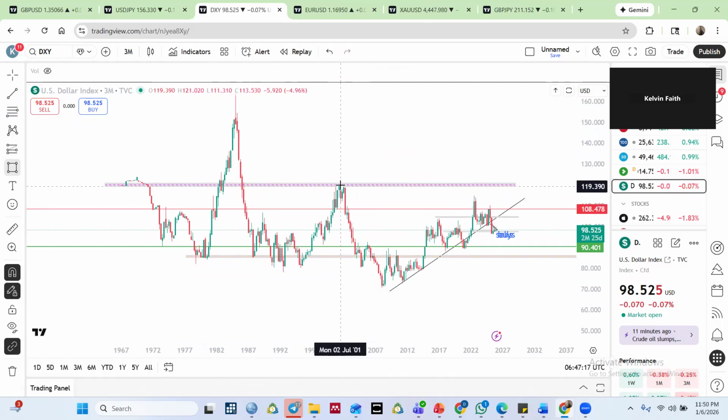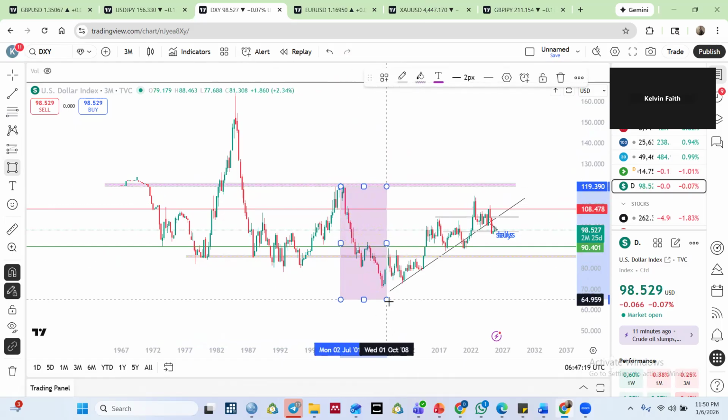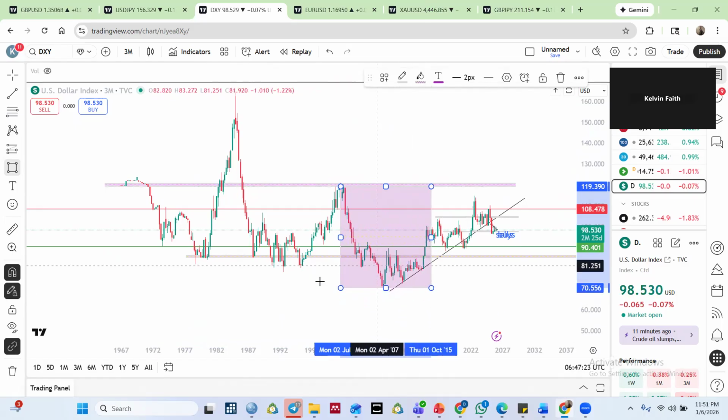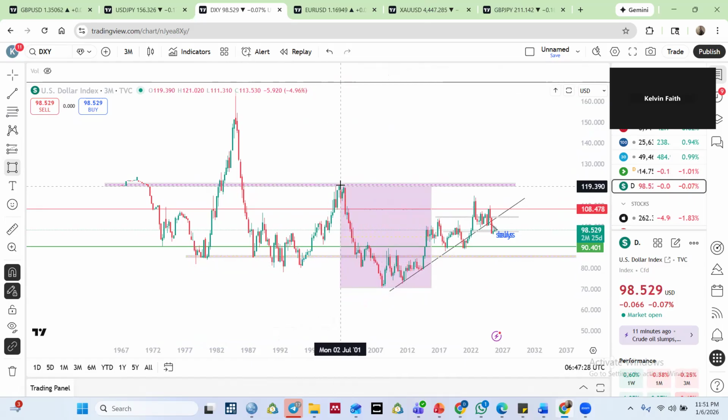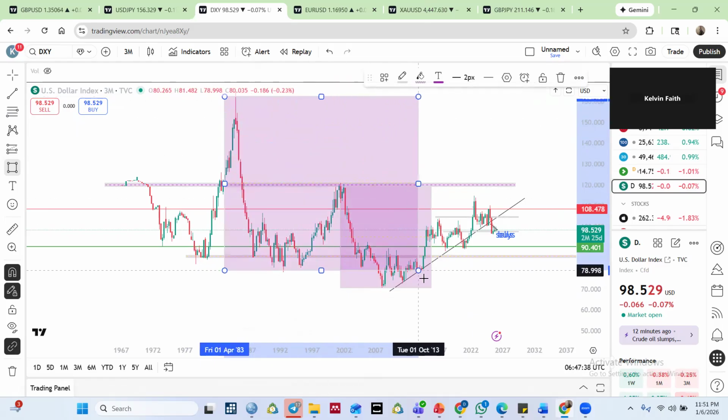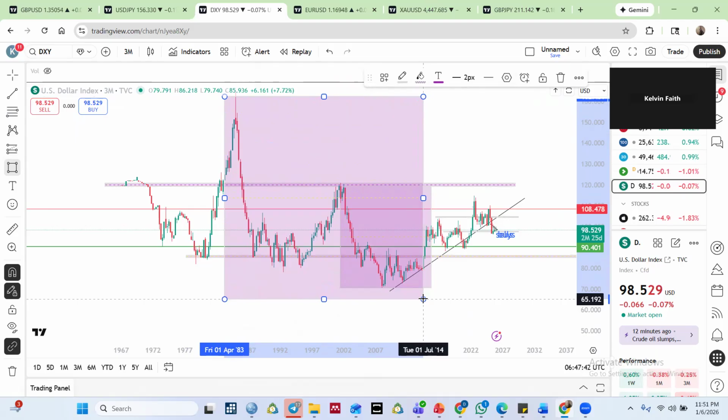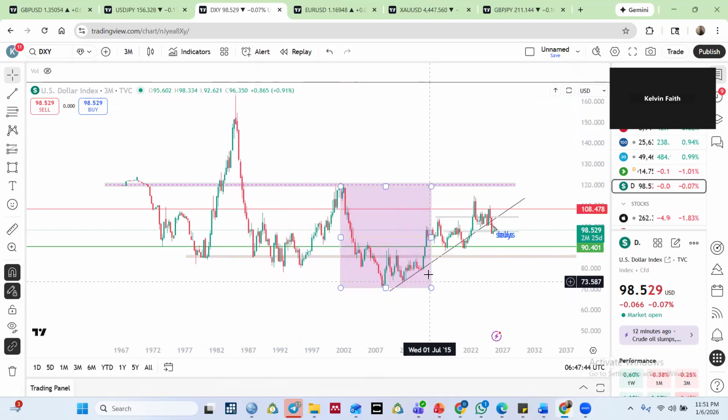And from this area, we had a swing that breaks structure and takes this previous low out. So with this lower low, lower high, lower low structure, I can say that from this high here up to this area, the market was bearish.